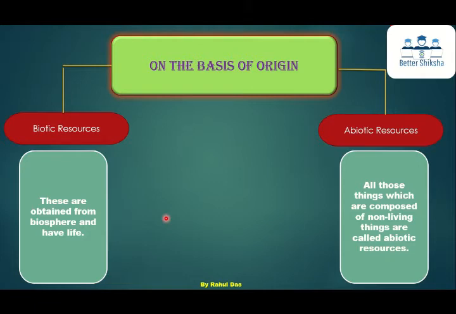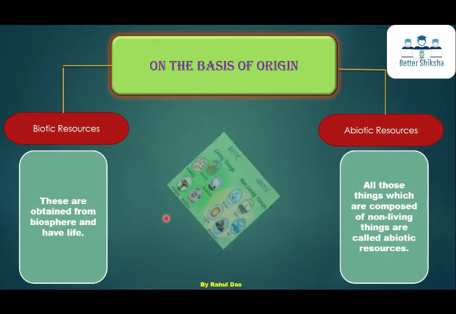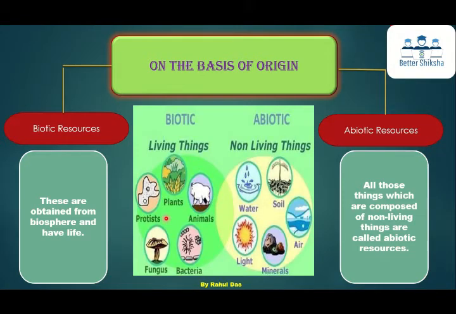Here are examples. In biotic we can see plants, animals, bacteria, fungus; these all have life. Soil, air, minerals, light are abiotic resources.